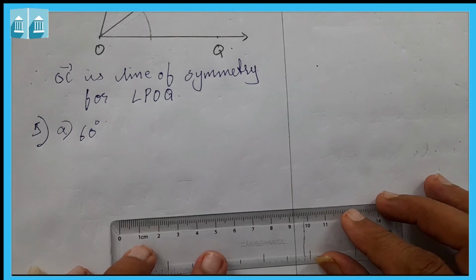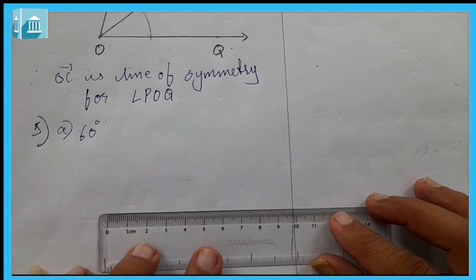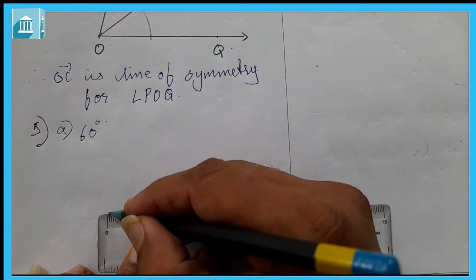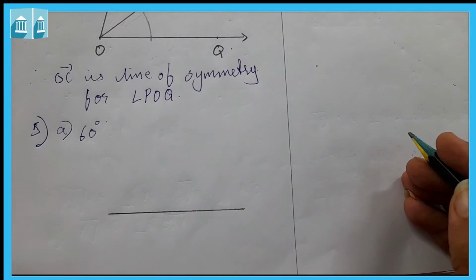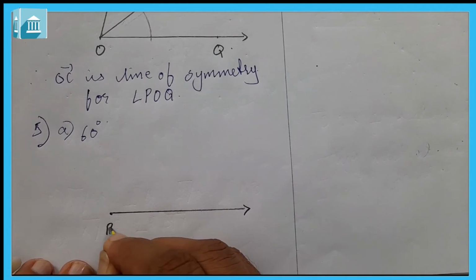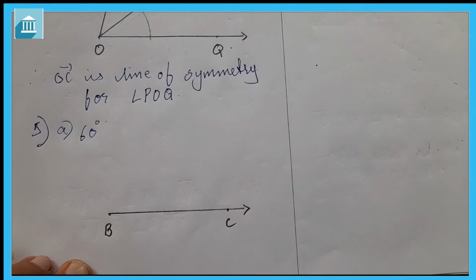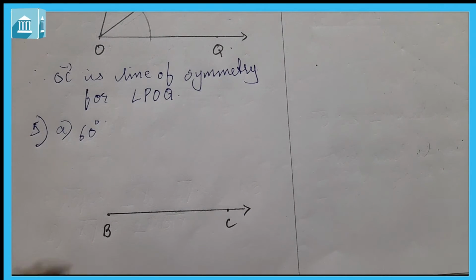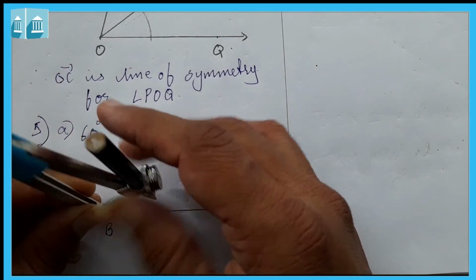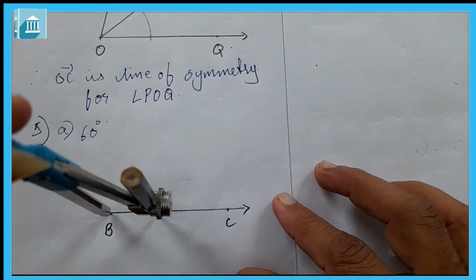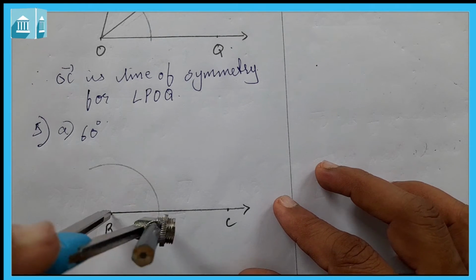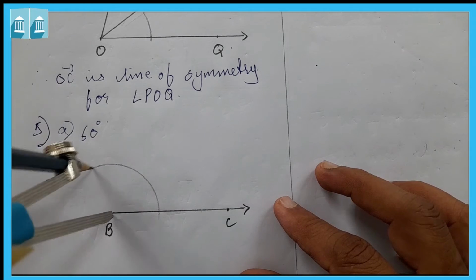First we have to draw one line segment like this. Let it be B, and C here. Then with convenient radius and center this B, we need to draw one arc like this. This is our arc.